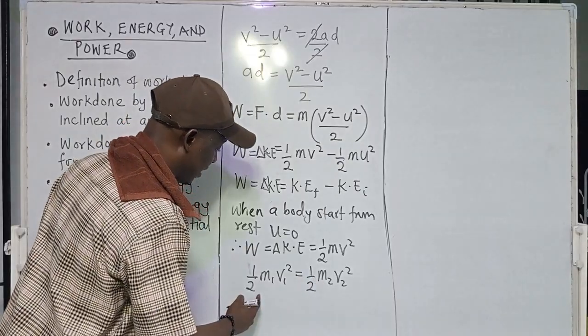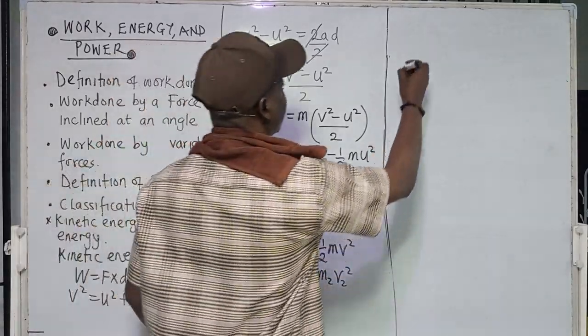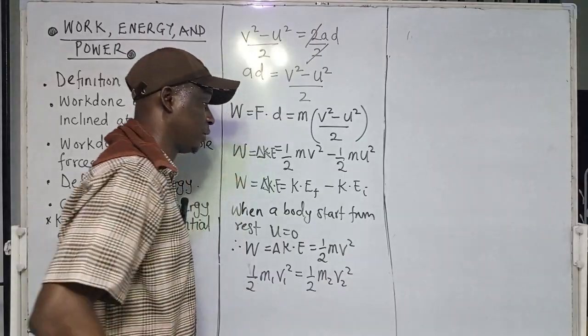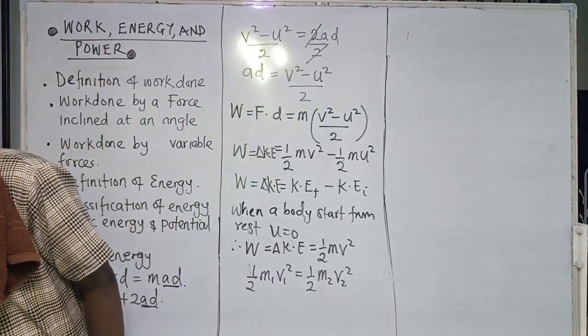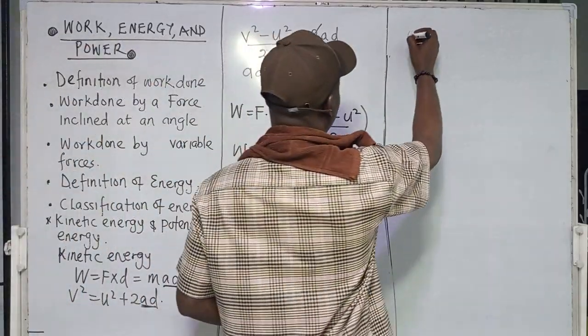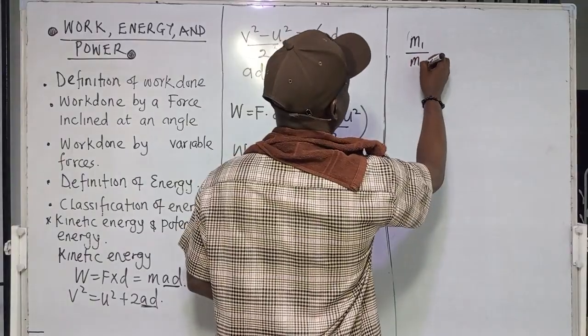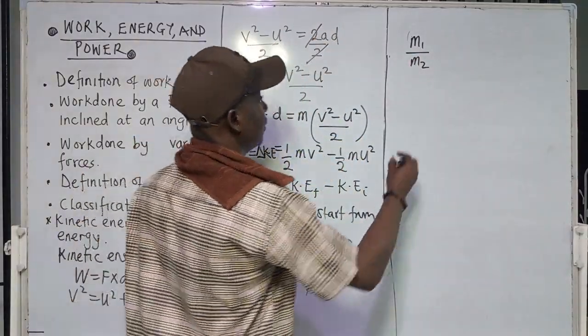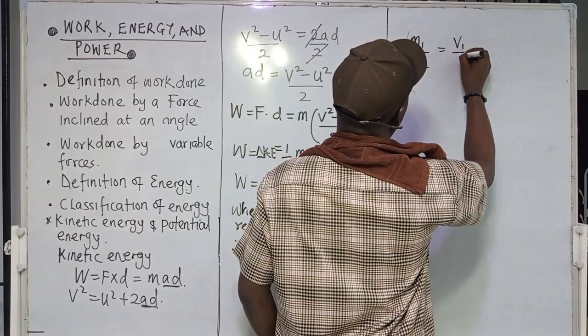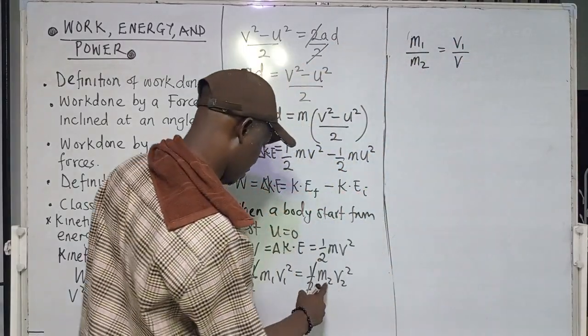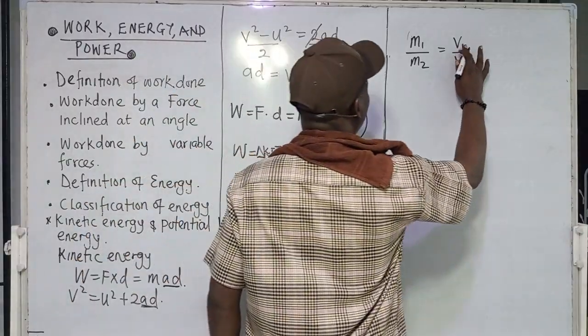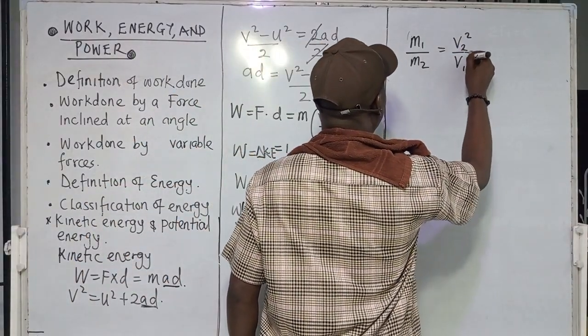If you bring the masses under and the velocities to the other side, I would have m1 over m2 equal to v2 squared over v1 squared.